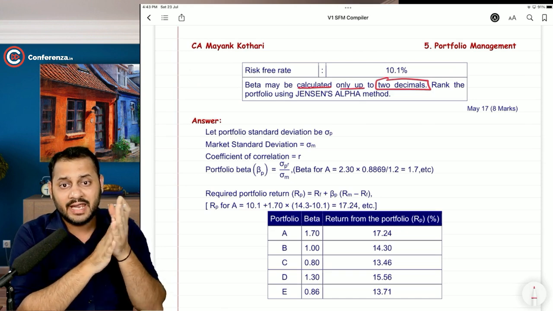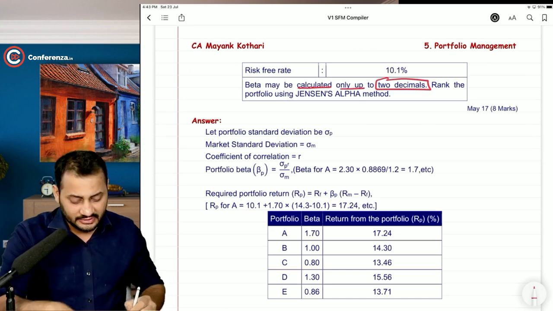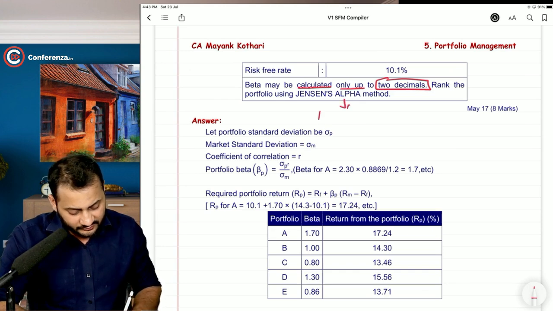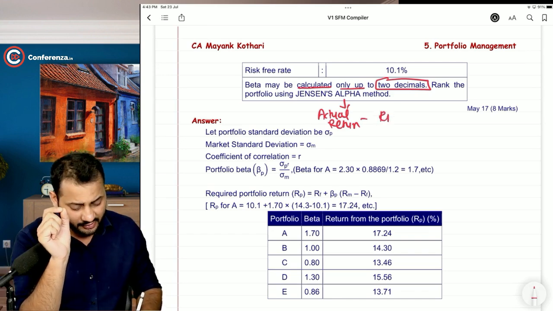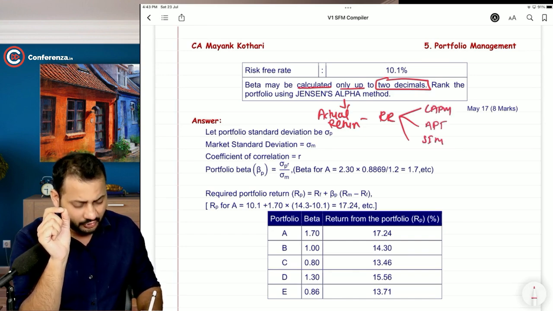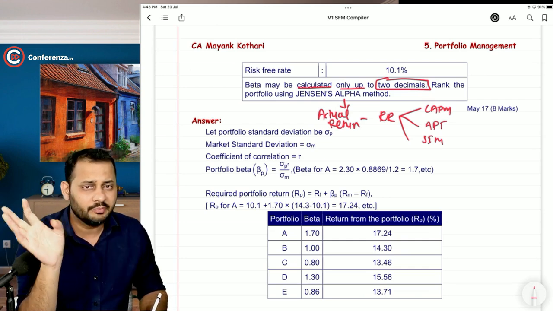Don't do that. Rank the portfolios using Jensen's alpha method. Now, what is Jensen's alpha? Actual return given in the second column minus your required return. This required return can be calculated using CAPM, APT, single index model, or for that matter any particular theory.